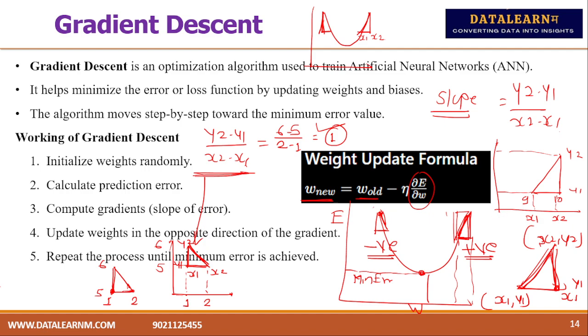We are taking the coordinates for the curve. The second point is x2 y2, and the first one will be x1 y1.